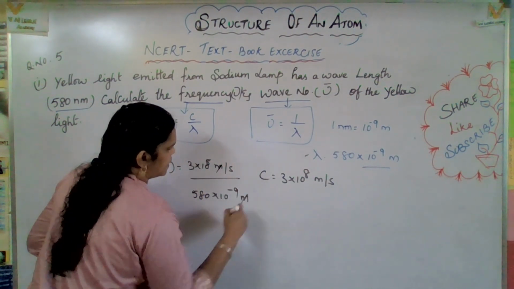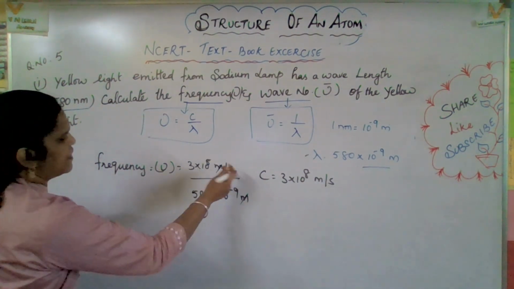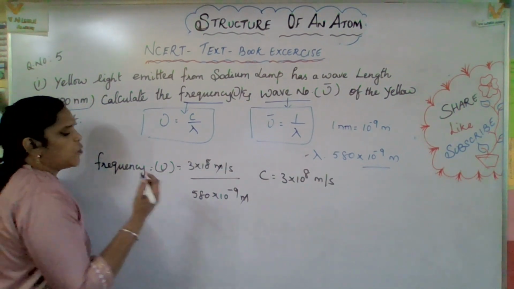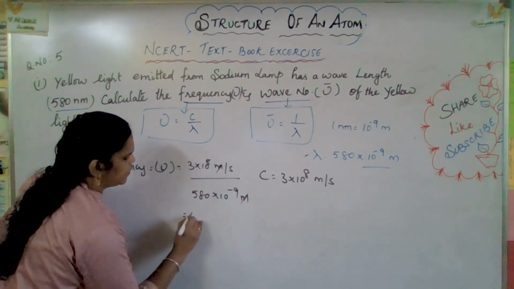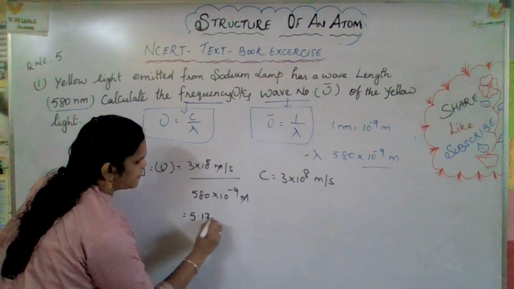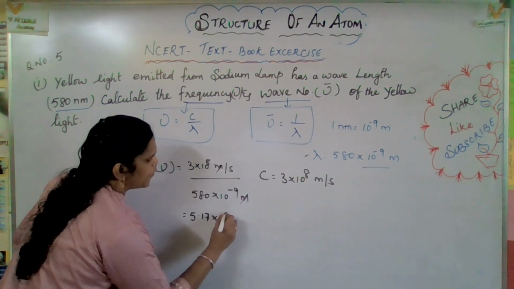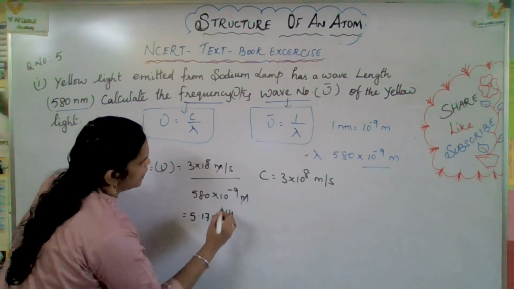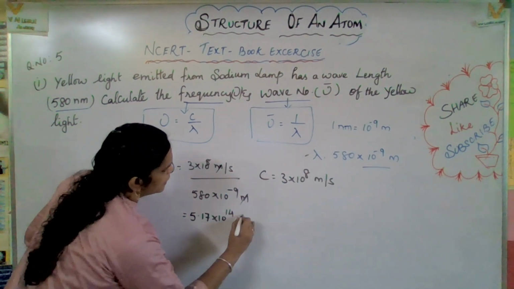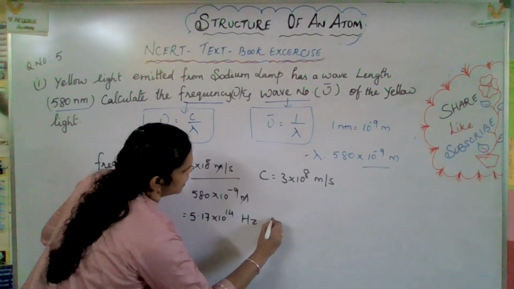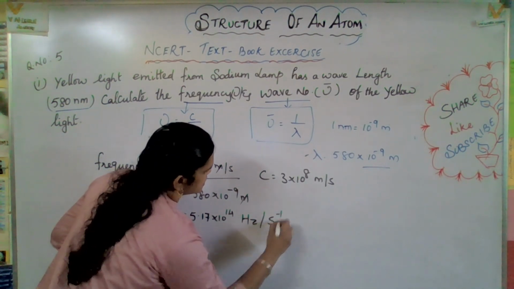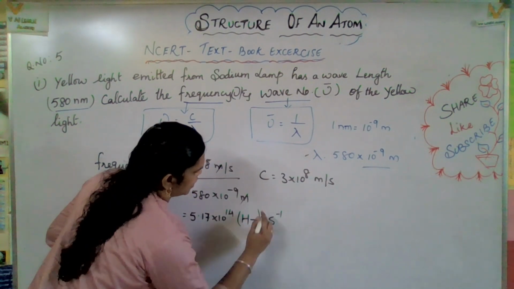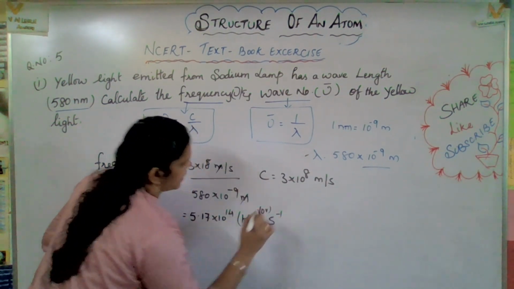The meter and meter cancel, leaving meter per second. What answer will you get? You will get 5.17 into 10 to the power of 14 hertz, or second inverse. You can use either hertz or second inverse, right?